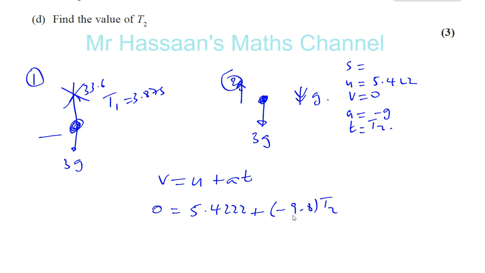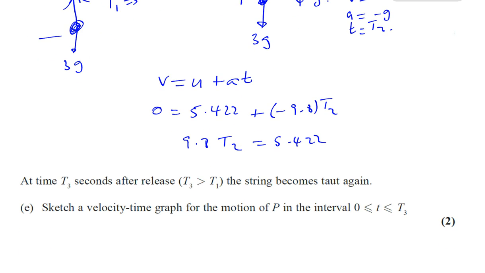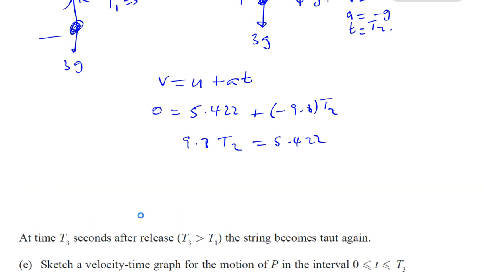So we end up with 9.8 times T2 equals 5.422. I don't know where the extra 2 came from there. And then we know T2 will be 5.422 divided by 9.8, which should give us the correct answer.